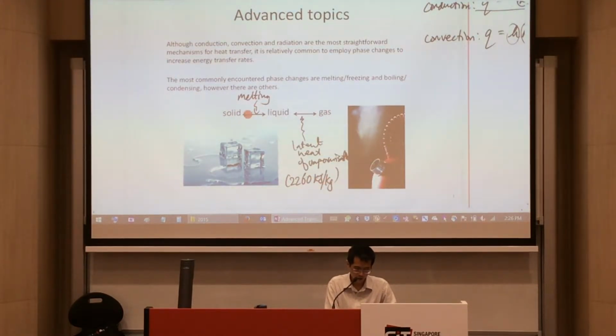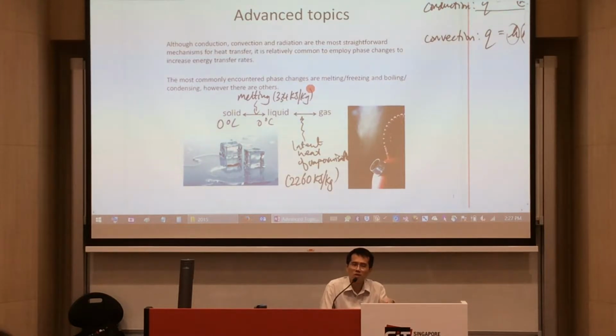The amount of energy that's required to change from solid ice at 0 degrees Celsius to liquid water at 0 degrees Celsius, that amount of energy for melting, is 334 kilojoules per kilogram of ice.